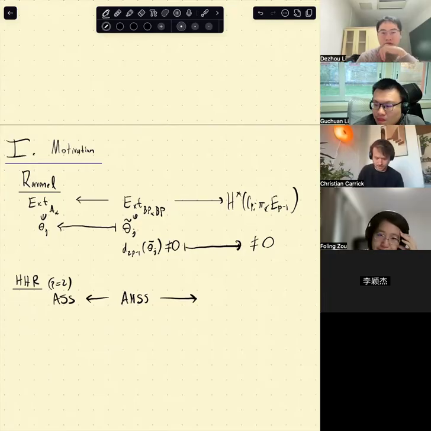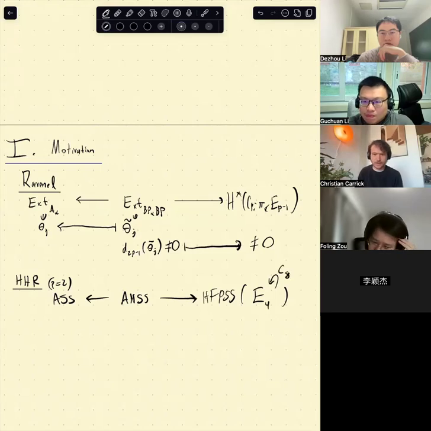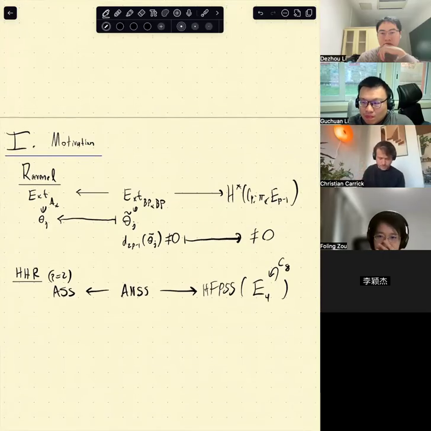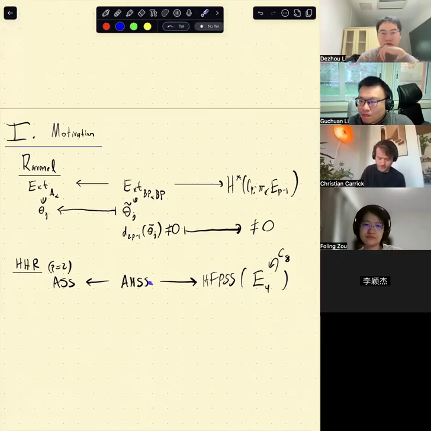And then on the right, you have a map from the Adams-Novikov to the homotopy fixed point spectral sequence. And here they needed to use height 4 Morava E theory, which has a C_8 action. And this, again, is more data than the approach of Ravenel, because you're using that this is actually a map of spectral sequences.